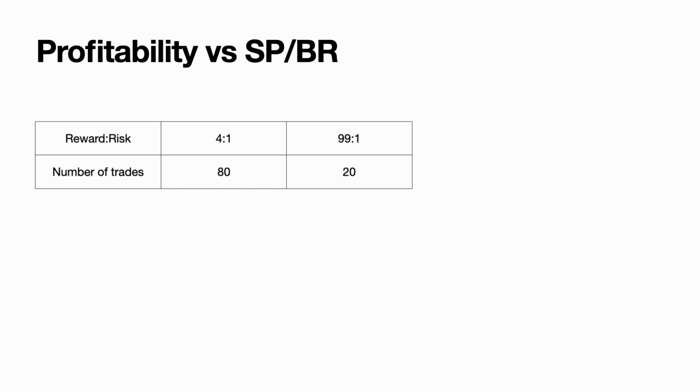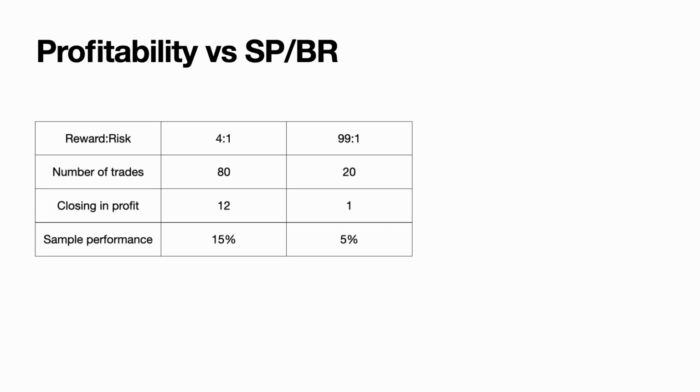In this scenario, a trader has made 100 trades, risking $1,000 on each. For 80 of these trades, the risk-reward ratio is 4-to-1. But for 20 of these trades, the risk-reward ratio is 99-to-1. Of the 4-to-1 trades, 12 close in profit, and of the 99-to-1 trades, 1 closed in profit.